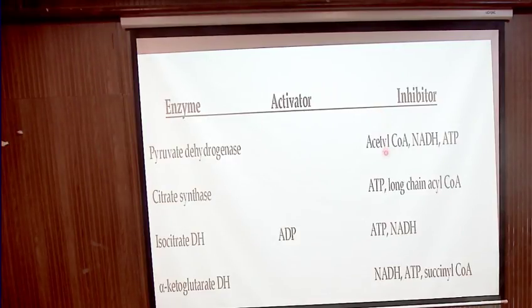If the levels of acetyl-CoA, NADH or ATP are high, it can inhibit the pathway. If ADP, on the other hand, is high and we need more ATP, it can be an activator. So in the context of regulation, each of the enzymes in the pathway can have an activator or an inhibitor.